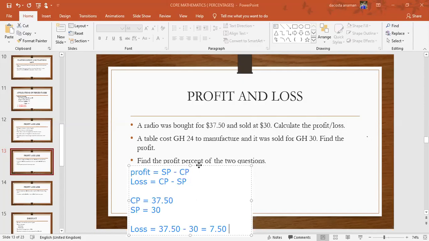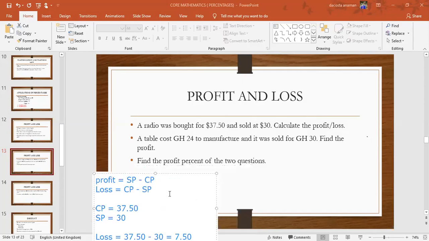A table cost 24 cedis to manufacture and it was sold for 30 cedis. Find the profit. Yes, 6 cedis. That's nice. The network is not very good, so use the chat room, okay?